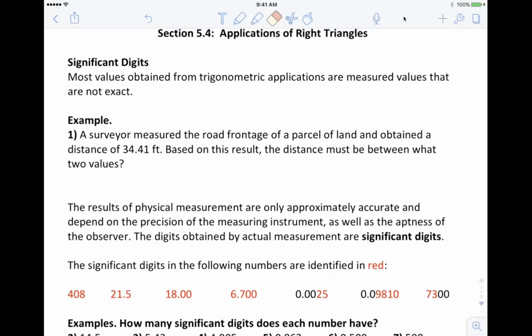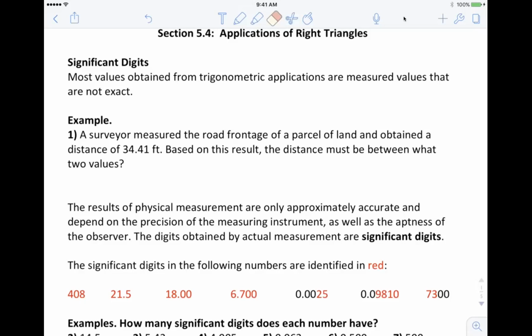So a quick example here, example number 1. Suppose a surveyor measured the road frontage of a parcel of land and obtained a distance of 34.41. How accurate is that measurement? Most likely, the surveyor did some rounding. It might be exactly 34.41, but it could be a little bit off of that.